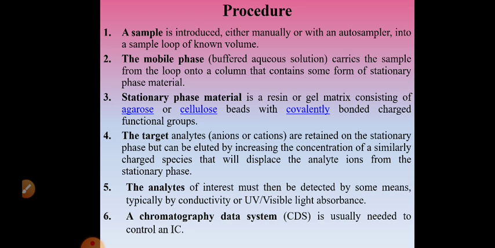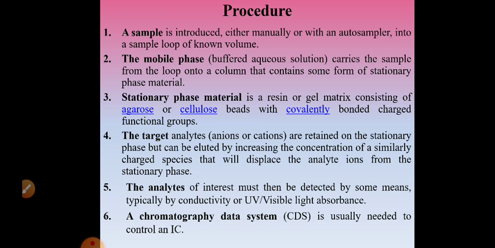You have to treat the exchanger with different chemicals or reagents depending upon the desired counter ion. For example, if you want sodium ion, Na+, as counter ion, the exchanger is washed with NaOH.